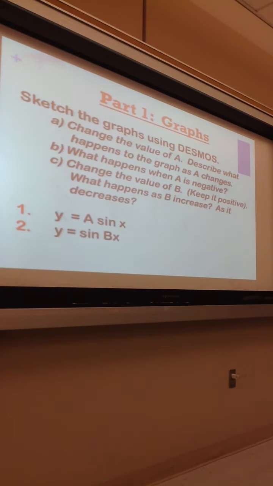When I put 2 in, the period is now twice as short, because now it only goes from 0 to pi before it makes the full cycle, and to get to 2 pi, it goes around twice.